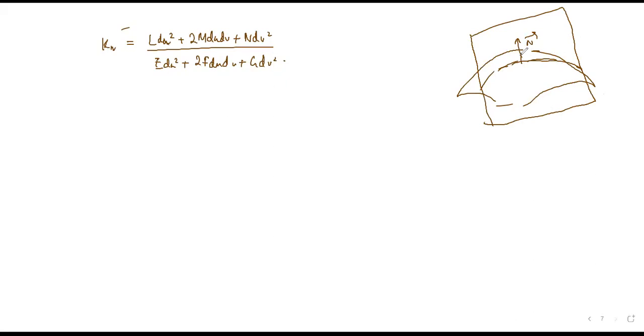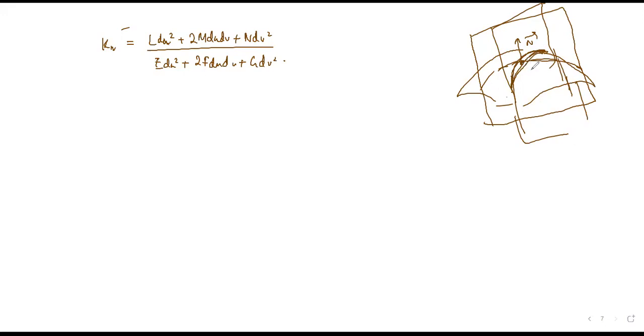And of course at this point you will get infinitely many normal sections. Why? I could have also rotated this curve about n. If I rotate it, the curve will be like this at this point. So this would be another normal section at this point because it would still contain the surface normal n if I rotate it about n.